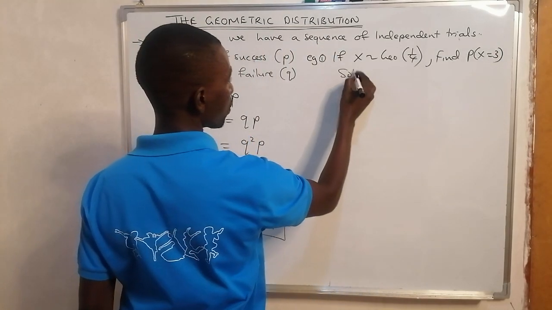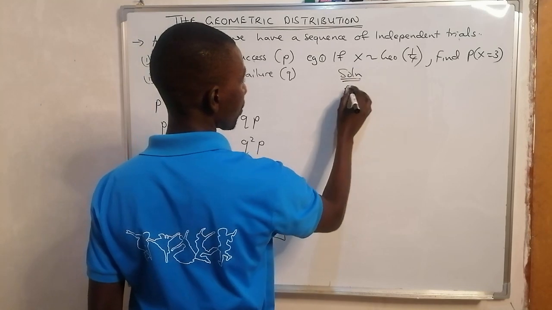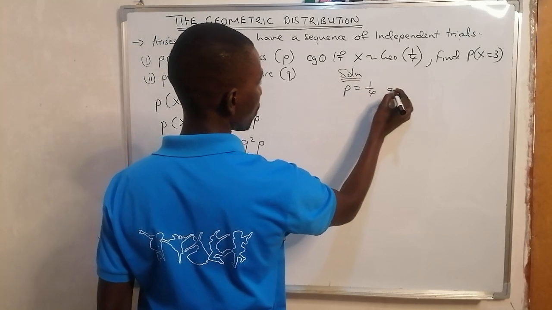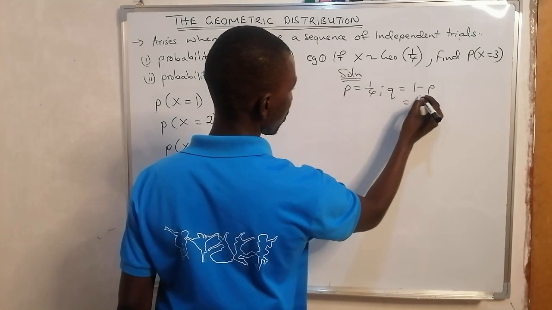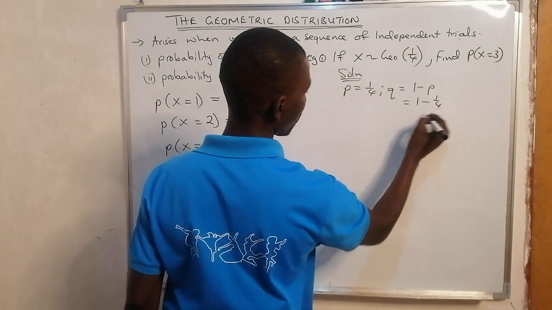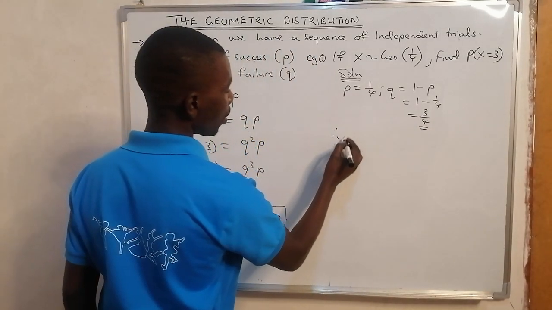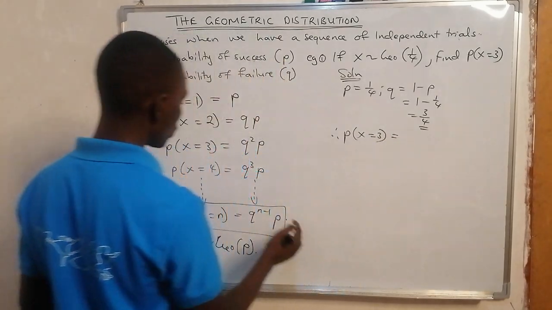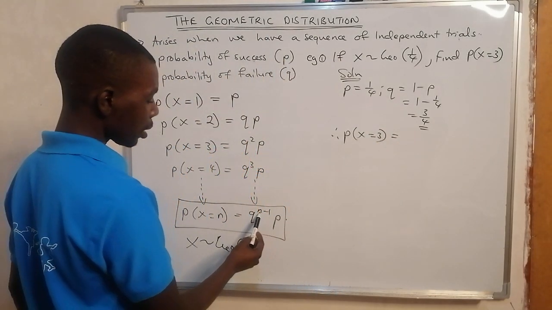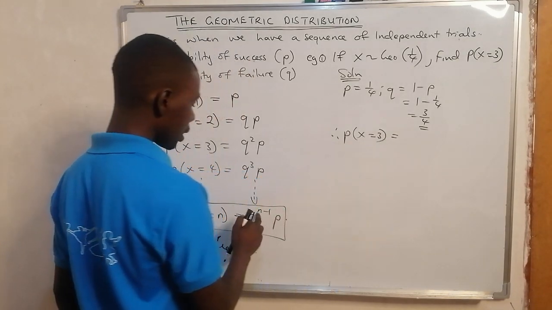Right, solution, we can see here that our P is equal to 1 over 4. Therefore, Q is equal to 1 minus P, which is equal to 1 minus 1 over 4. That will be 3 over 4. Then by formula, P of x equals to 3 will be equal to, remember we said n minus 1, that will be n, or we can use x here.